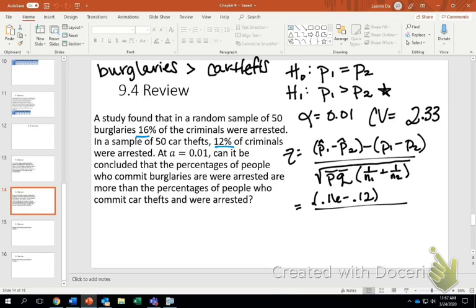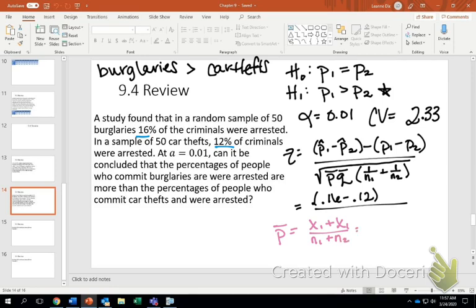So now we need to go down to the p-bar. Now, the p-bar is going to be a little bit different this time because, remember, in order to find the p-bar, we need to have the x variables added together and divided by the sample sizes, n1 plus n2.